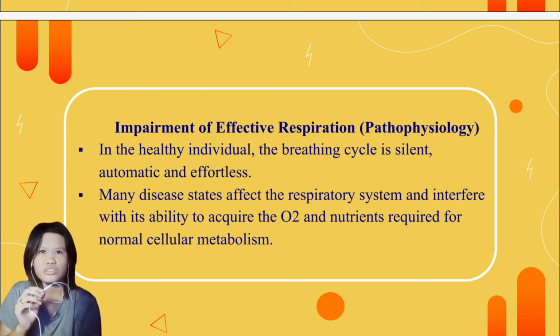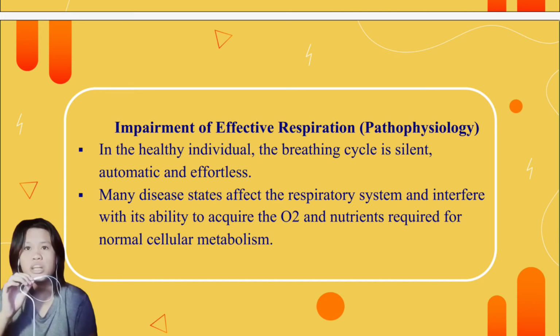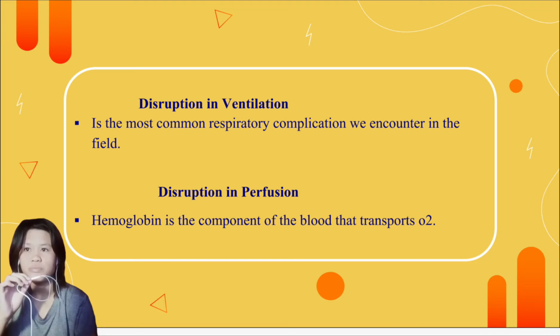Next is the impairment of effective respiration, the pathology. In the healthy individual, the breathing cycle is silent, automatic, and effortless. Many disease states affect the respiratory system and interfere with the O2 and nutrients required for normal cellular metabolism.